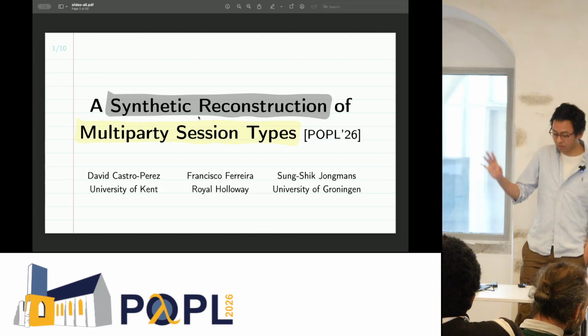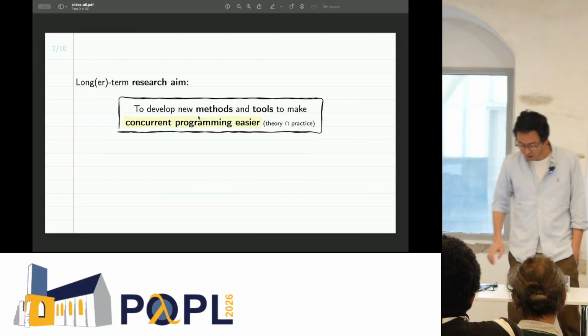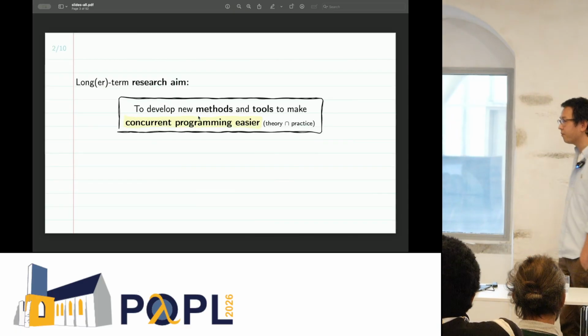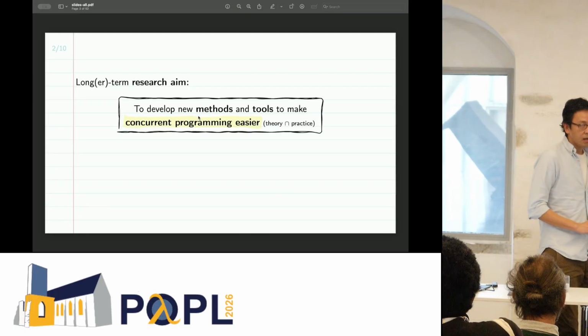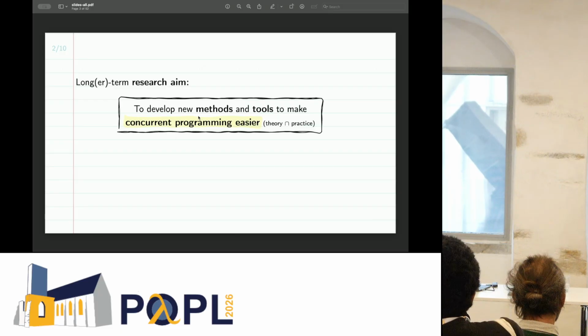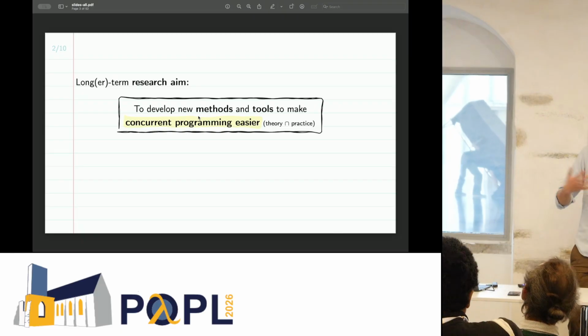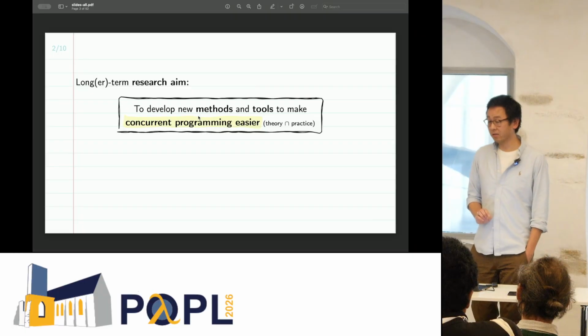But before I get into any of the technicalities, let me first say a few things about the general context in which the work took place. So, in general, I think the long-term research goal here is to make concurrent programming easier. And the kinds of concurrent programs that we are looking at in this particular paper are those where we have a bunch of processes that communicate with each other using channel-based message passing.